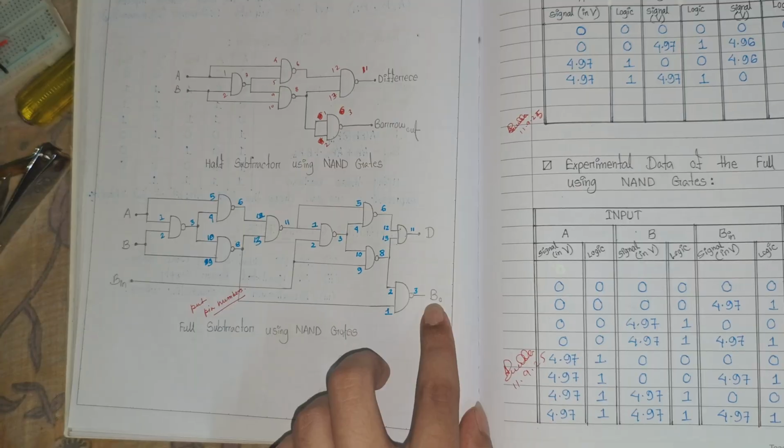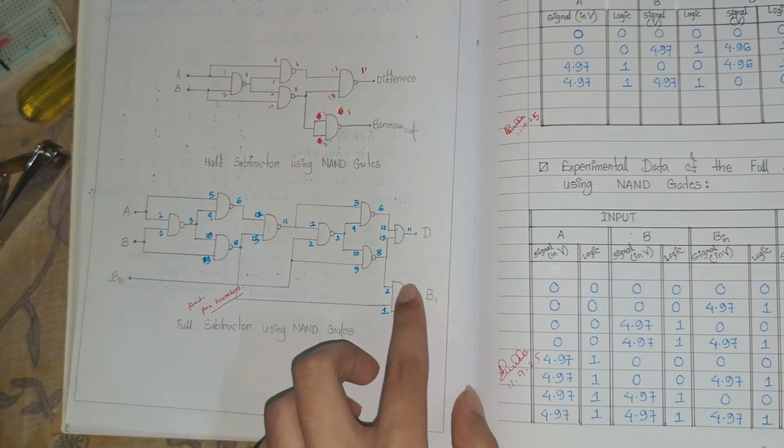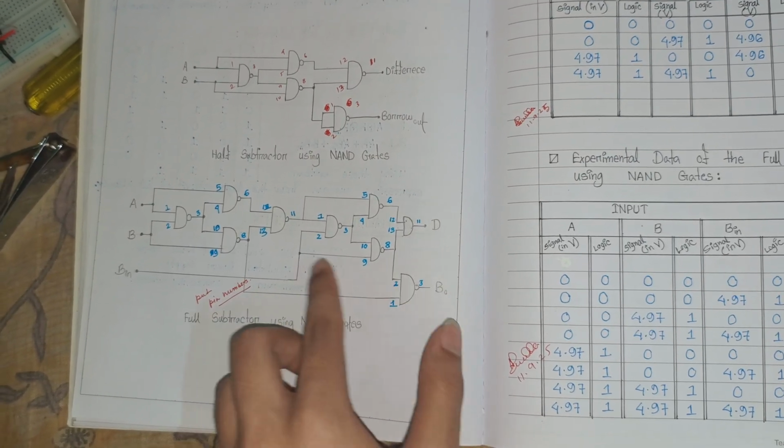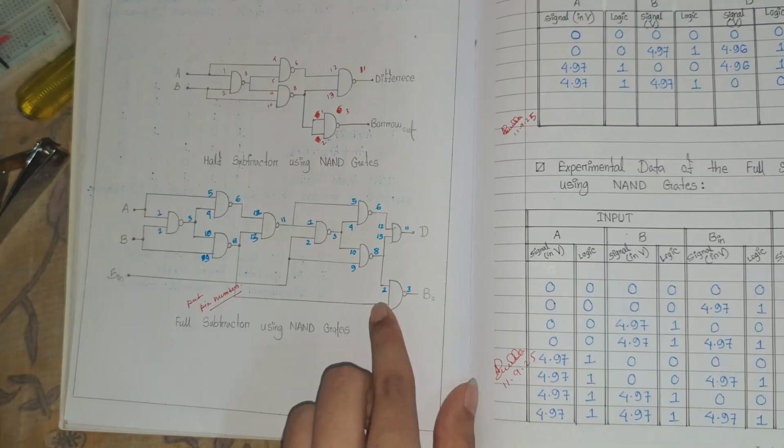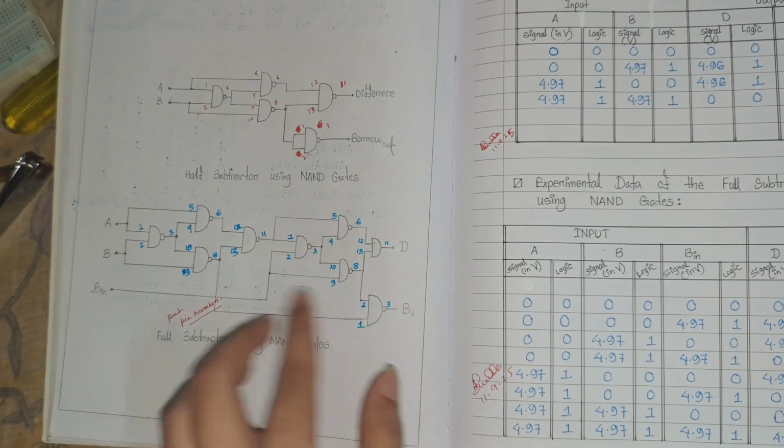Clear? But why do we take borrow out like that from the 8th pin of the second IC and the 8th pin of the first IC, and do the NAND operation of them?